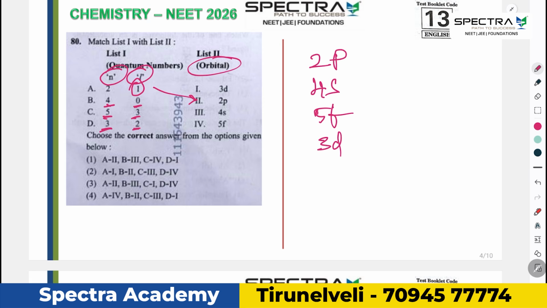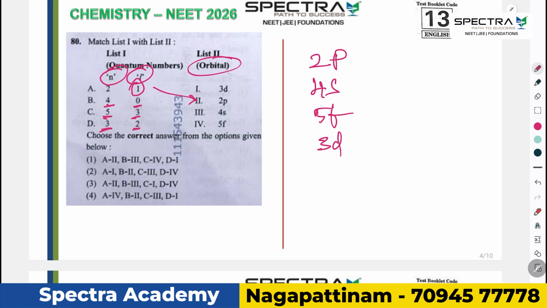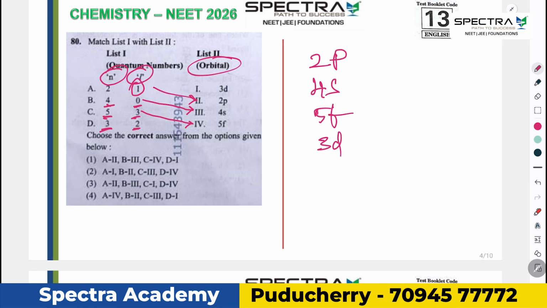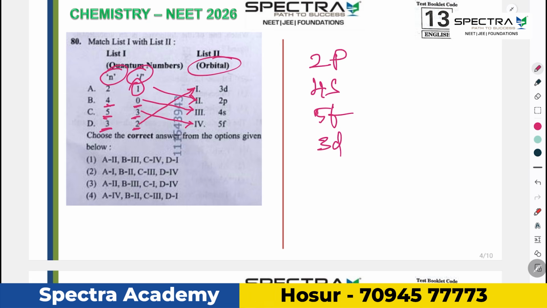We know that L value 0 means s orbital, 1 means p orbital, 2 means d orbital, 3 means f orbital. Which matches with 2p, 4s, 5f, 3d. 2p is the second one, 4s is the third, 5f is the fourth, 3d is the first. So 2 3 4 1, it is the first option that is correct.